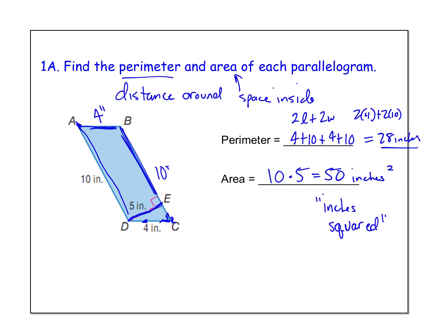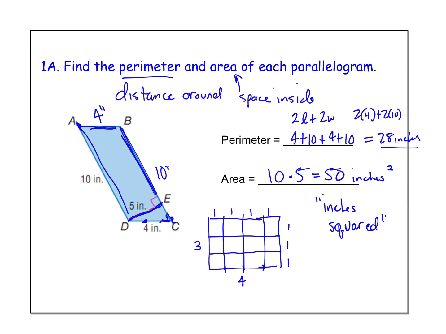And all that stems from the idea that if I've got a rectangle that's a 4 by 3 rectangle, then I can break this up into 4 equal parts and into 3 equal parts. So then I have each one of these is 1 square inch.